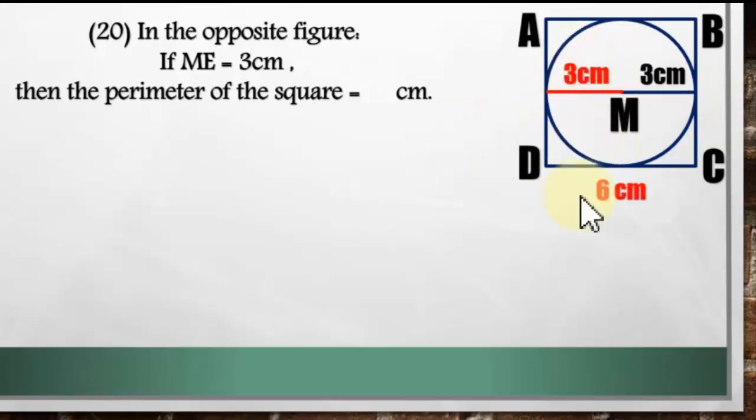So the side length of the square equals the diameter, 6 cm. To get the perimeter of the square, we multiply the side length by 4. 6 times 4 equals 24 cm.